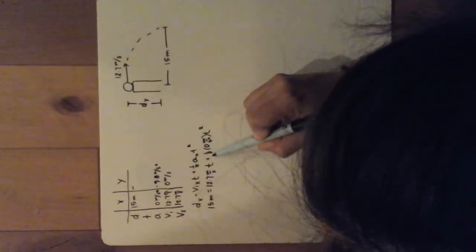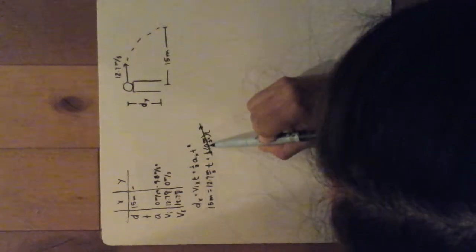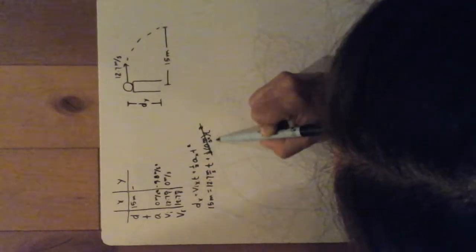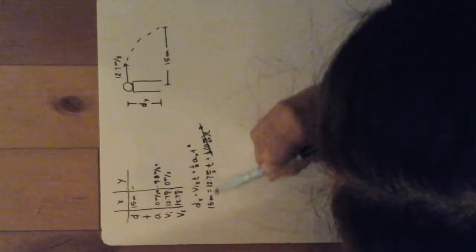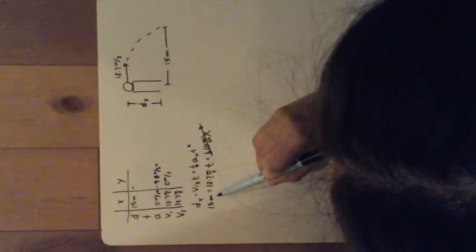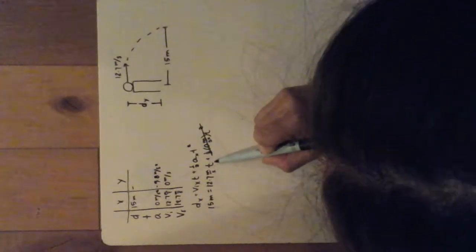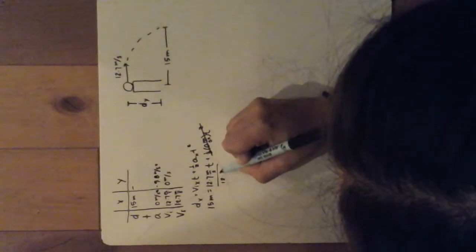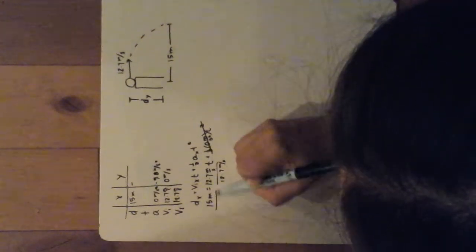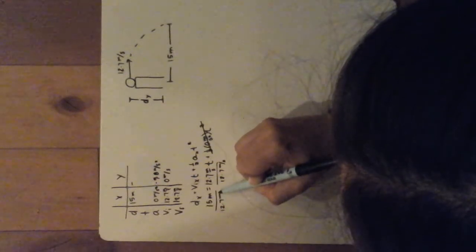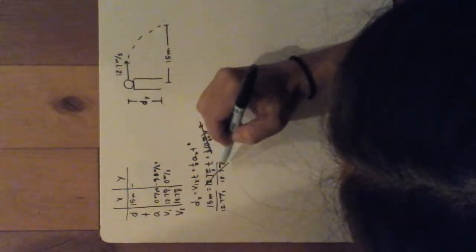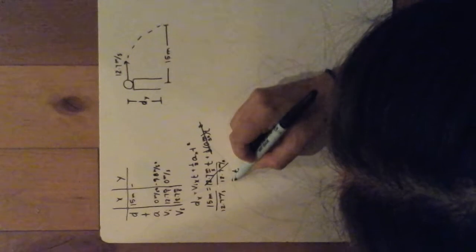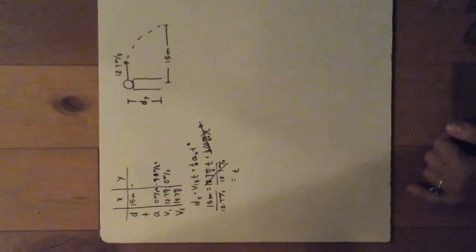This time, this part of the equation will cancel. That 0 makes everything it's multiplied by a 0. So what we're left with is 15 meters equals 12.7 meters per second times time. To get time on its own, I'll divide by the velocity on both sides. It cancels here, so I'm left with time being 15 divided by 12.7.